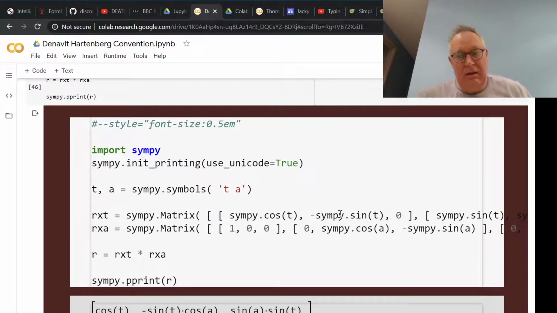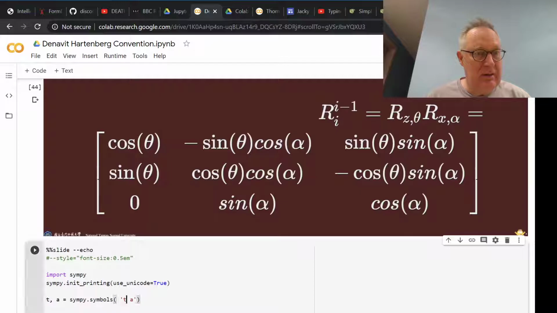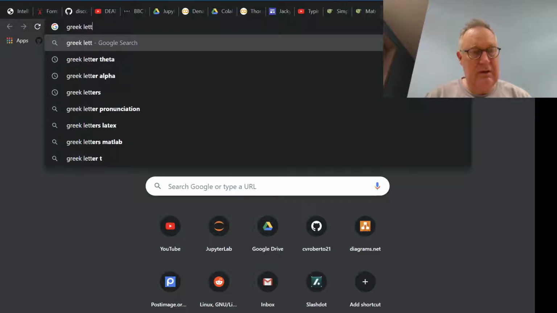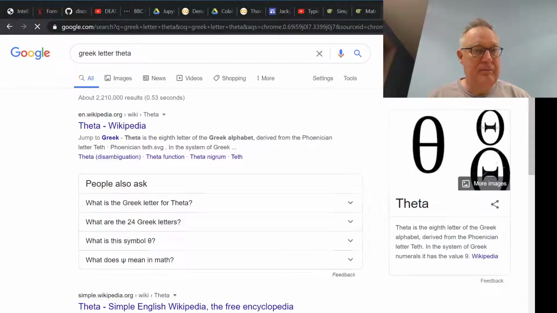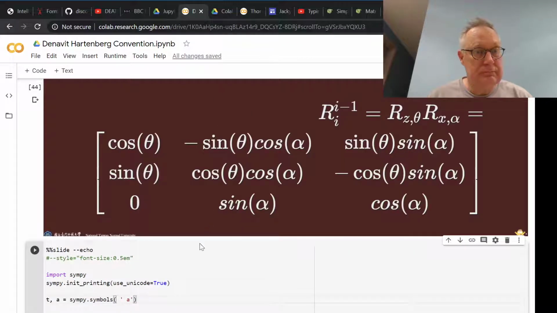So as you can see, this is actually pretty neat, right? We can now do mathematical calculations using, and I wonder if I can change this to, yeah, then that would look even cooler. Where are the Greek letters? Theta, alpha.